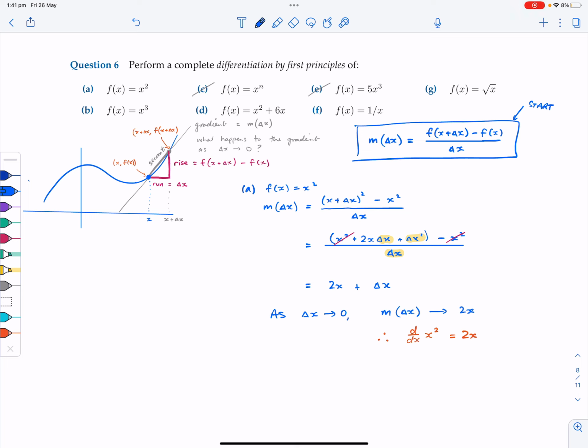Okay, I'm going to keep that there, and I'm going to do the cubed one now. So say f of x equals x cubed. And so the gradient as a function of delta x is, right, I've got a fraction with delta x in the denominator. This is x plus delta x all cubed minus x cubed, right? So that is this using f of x equals x cubed.